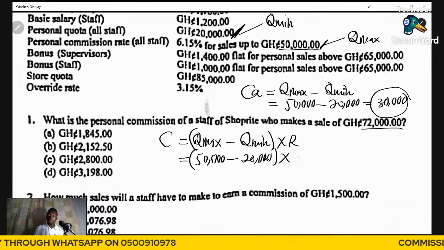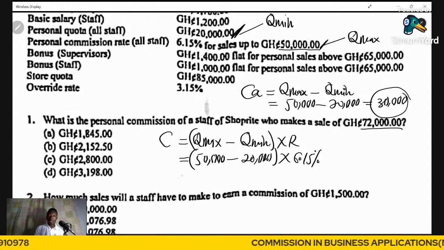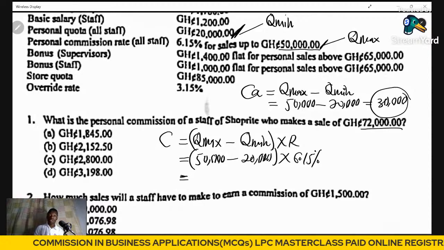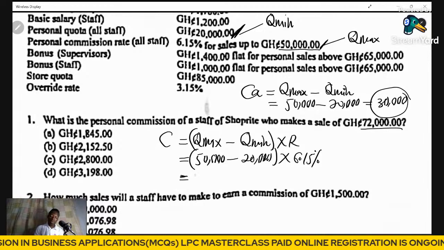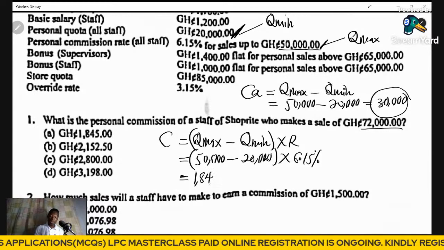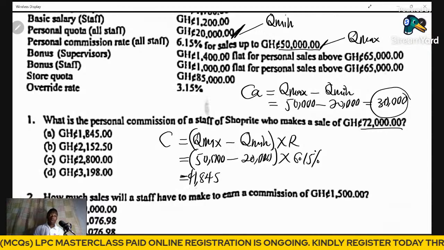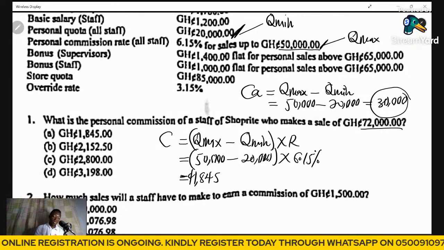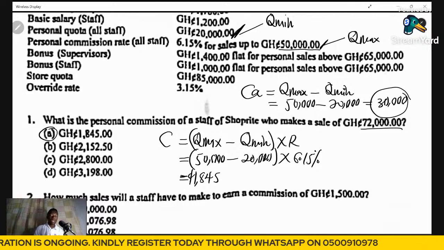Then multiply by 6.15%. So when you calculate 6.15% on the difference, which is 30,000, you should get a commission of 1,845 Ghana cedis. And that's going for option A.